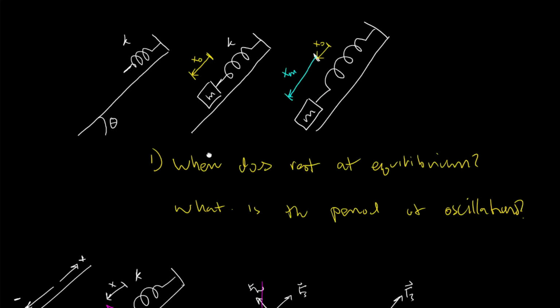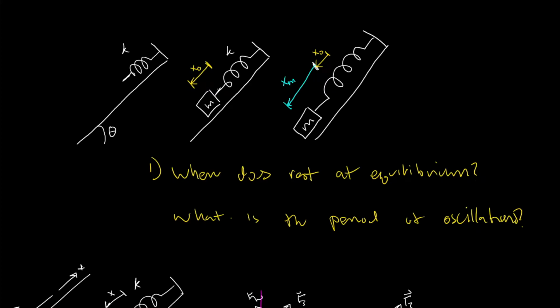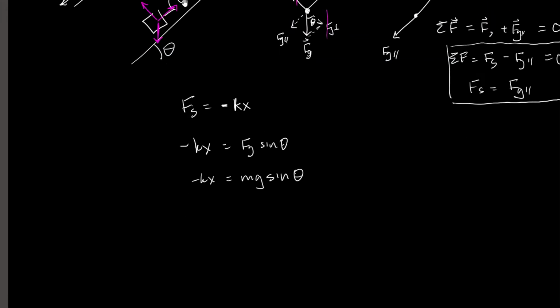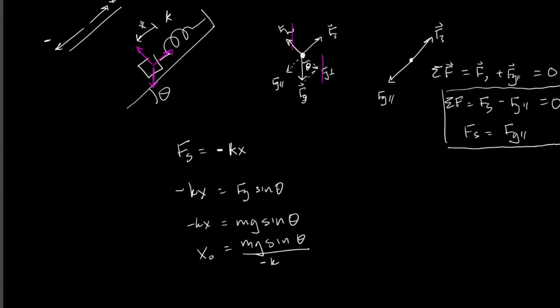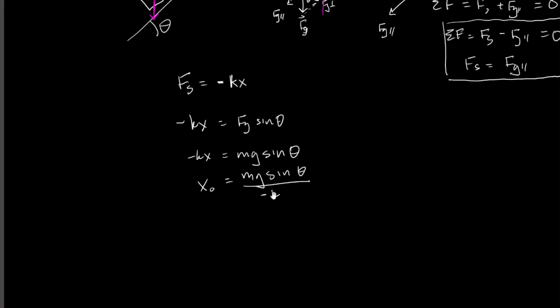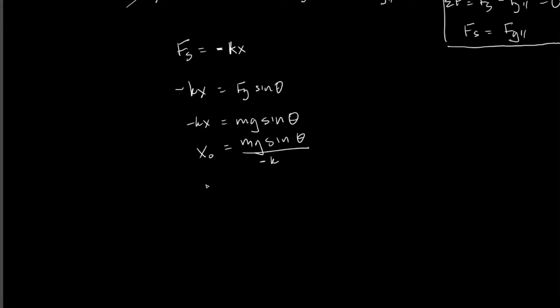And actually, this is x naught since we're looking for the position that the box rests in. So we have x naught equal to mg sine theta divided by negative k. Although we're just interested in the magnitude of x naught. So we have x naught equals mg sine theta over k.